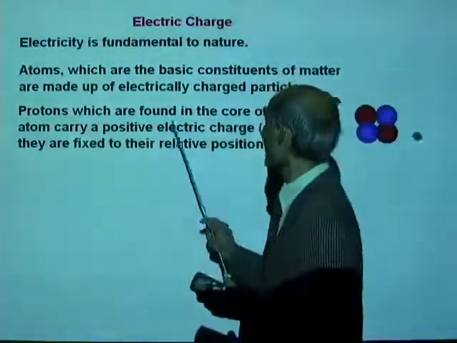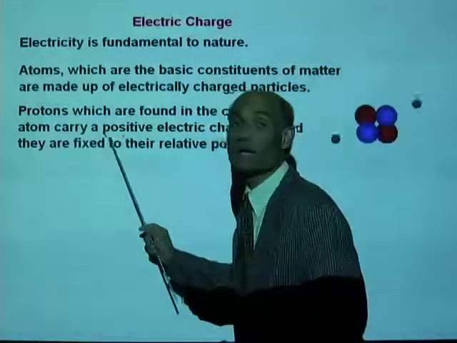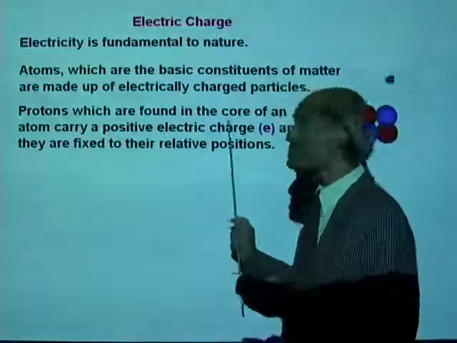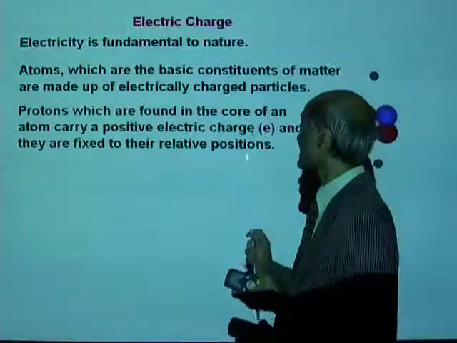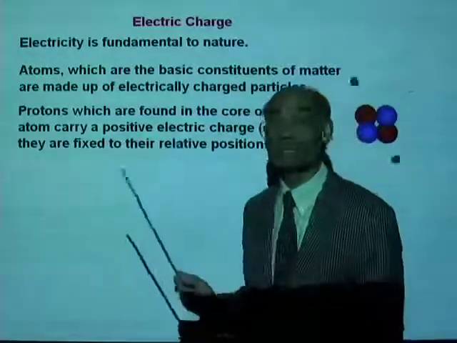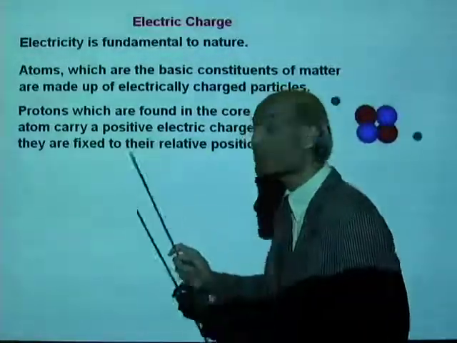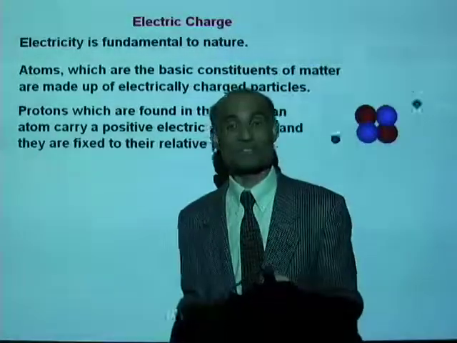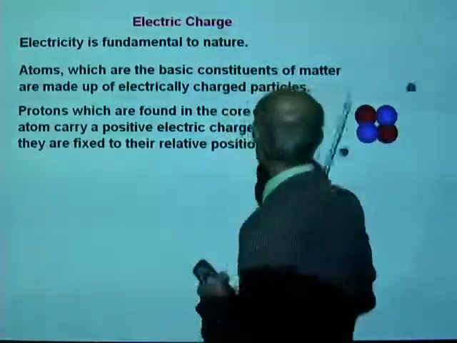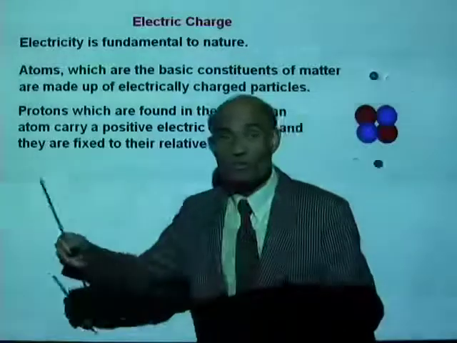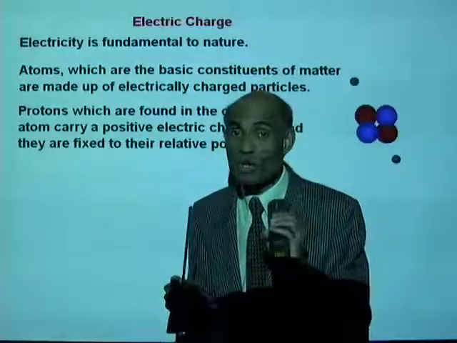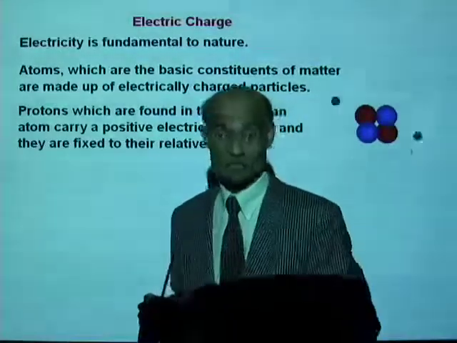Protons, which are found at the core of the atom, carry a positive electric charge, and we represent that by the lowercase e. And these protons are fixed to their relative positions. You can see electrons are free to move about, but protons are fixed to their relative positions.